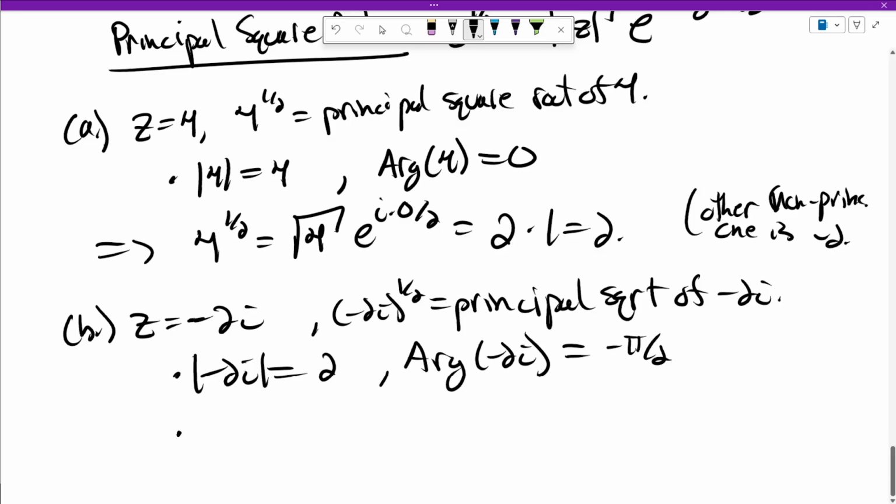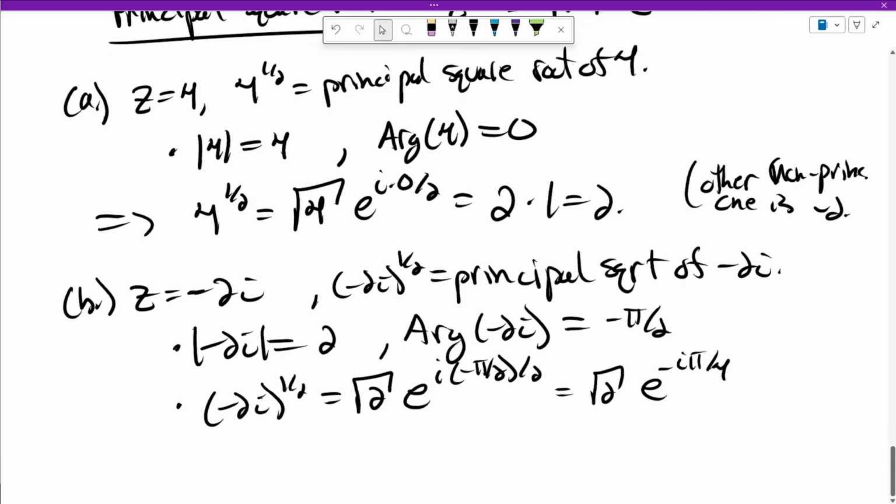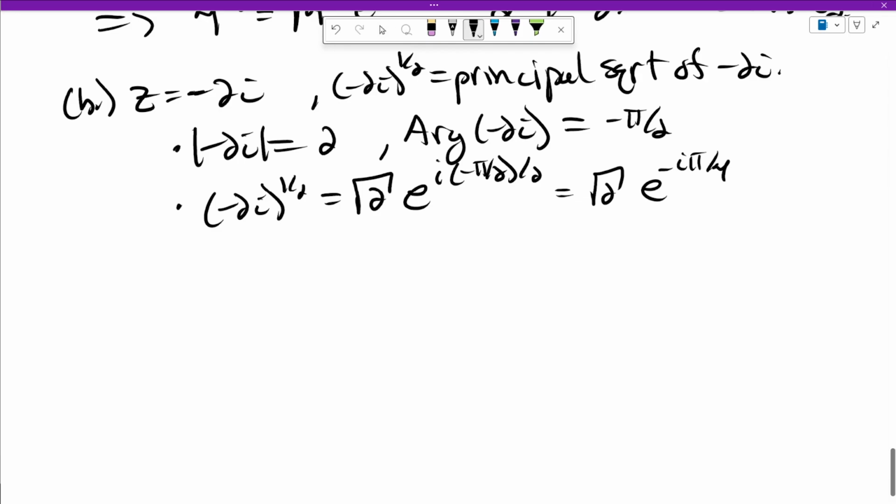So this tells us that negative 2i to the 1/2 is going to be the square root of the modulus, and then e to the i times negative pi halves over 2. So that's the square root of 2, e to the negative i pi over 4, which we can do some more math on if we wanted to.